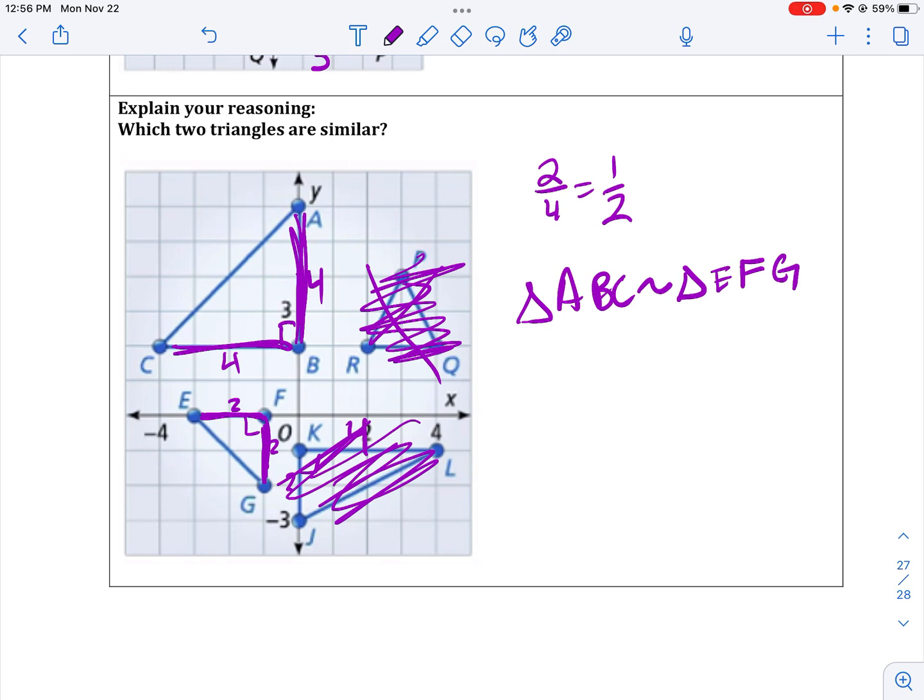I had to be careful how I labeled those because, again, order matters, because angle A is going to equal angle E, angle B is going to equal angle F, angle C is the same measurement as angle G, and they are similar because the corresponding side lengths are proportional.